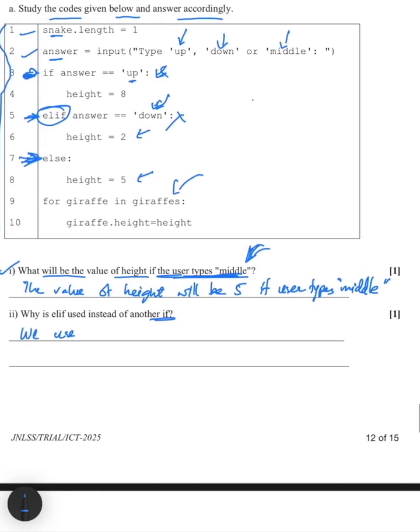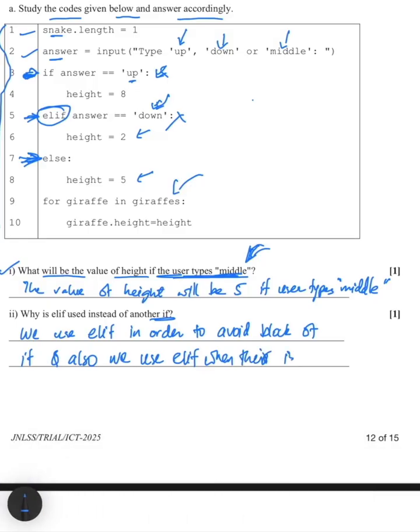We use elif in order to avoid a block of ifs, and also we use elif when there are more than two conditions.